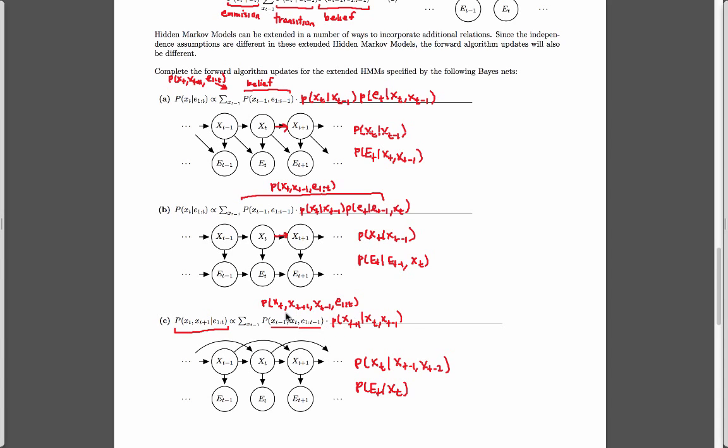Then when we multiply these two together, we'll get the probability of xt minus 1, xt, xt plus 1, and E1 through t minus 1. And then in order to also incorporate the last variable in this joint distribution, we need to incorporate our emission model to get ET. So that's going to be probability of ET given XT. And that is the final answer.